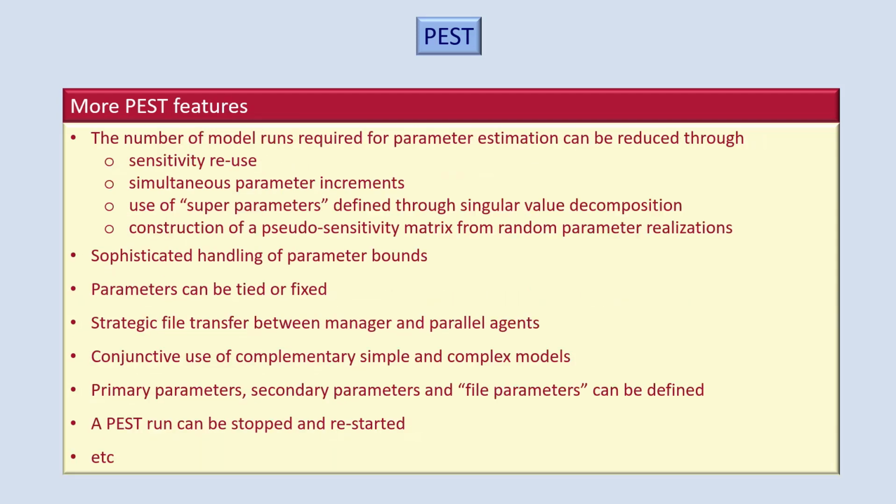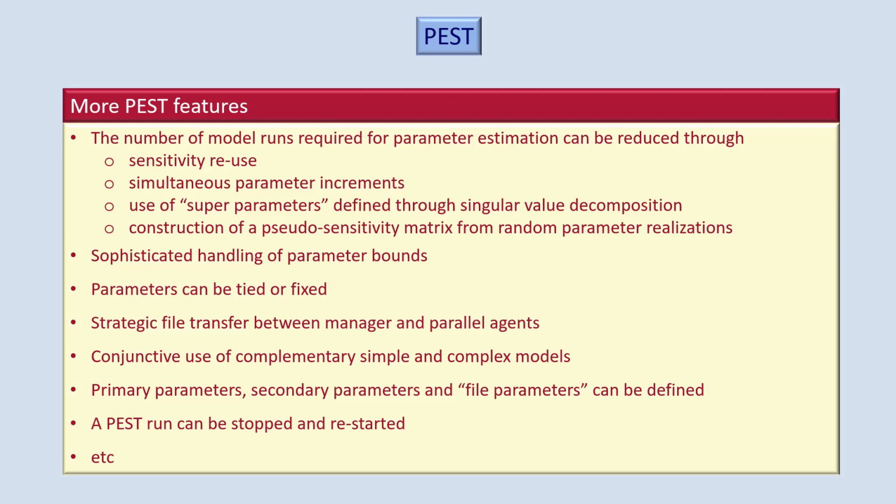There's a lot of sophistication in the inversion algorithm that PEST employs, and it goes to a lot of trouble to make that process efficient, hopefully reducing the number of model runs required for solution of the inverse problem as much as possible.